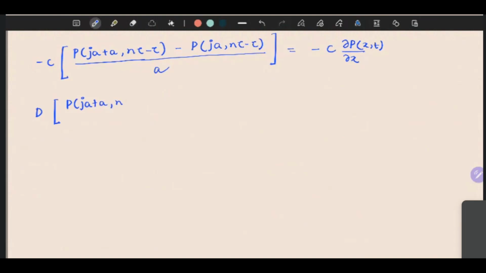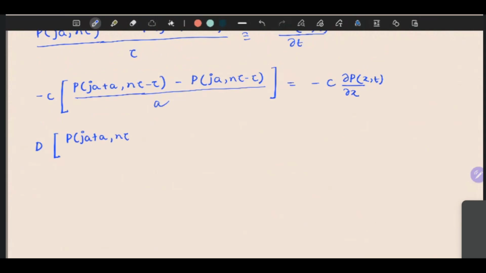So this is like the finite difference method. This is the representation of a differential form or derivative in finite difference terms.